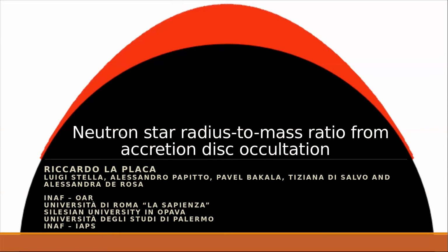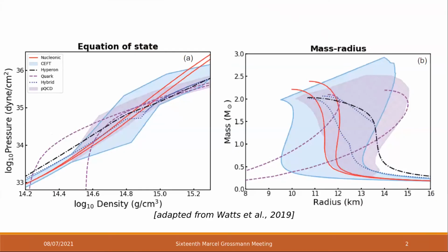Hello, everyone. So I'm a PhD student from the University of Rome, and today I will be presenting a new method that we developed to try and constrain the radius to mass ratio of neutron stars from X-ray spectroscopy, and in particular from the occultation of the accretion disk around these neutron stars. Now, I'm sure I don't need to stress to this audience how important it is to put good constraints on the equation of state of neutron stars.